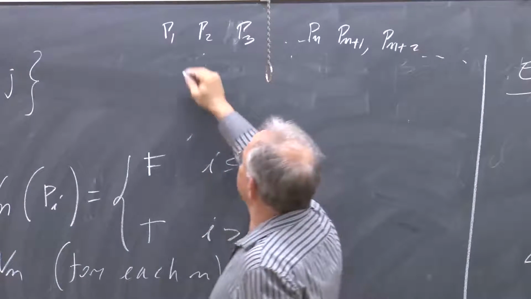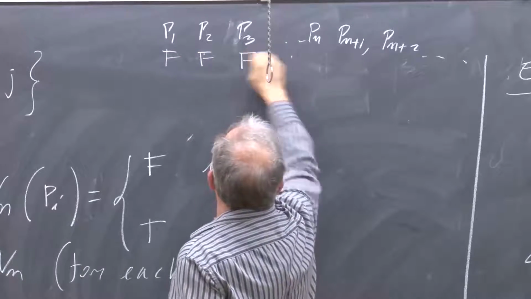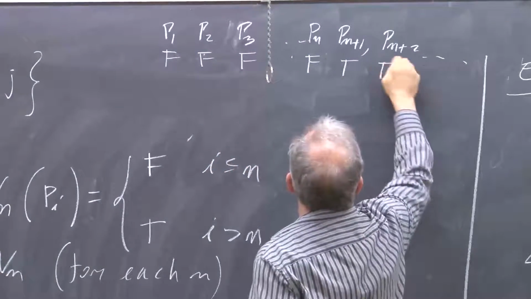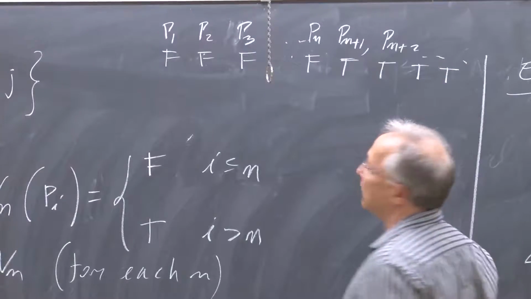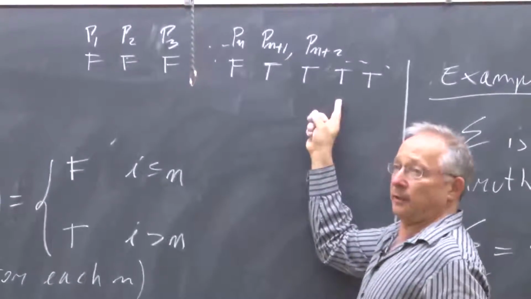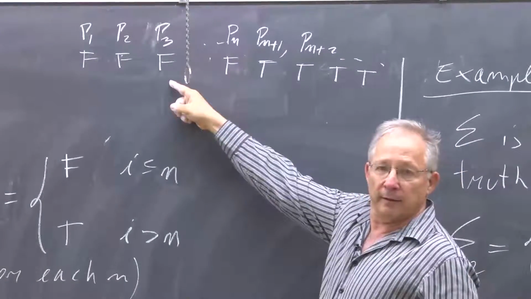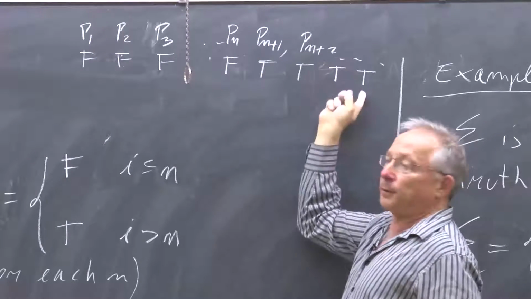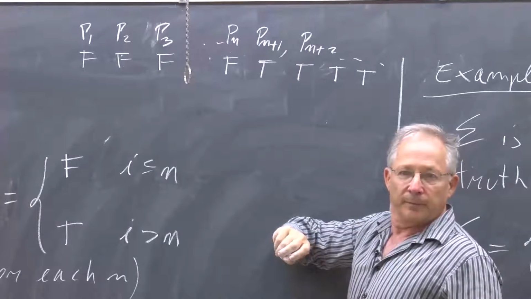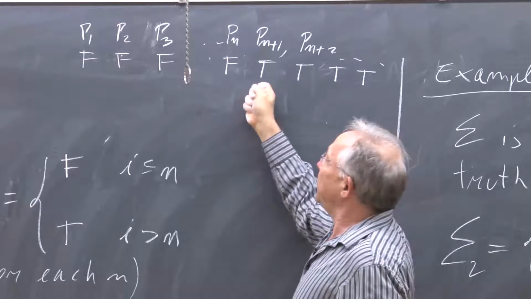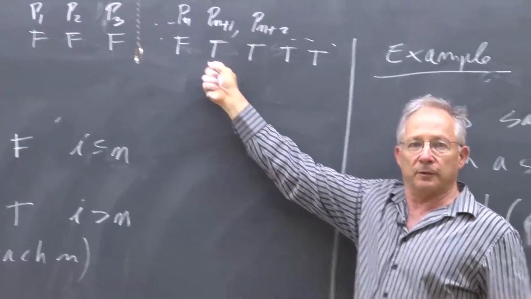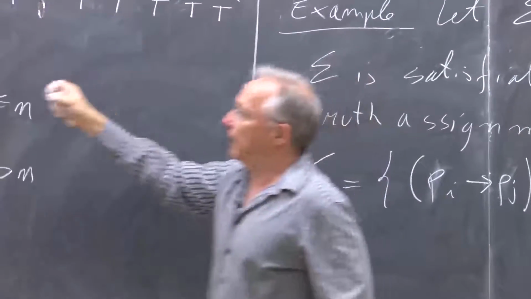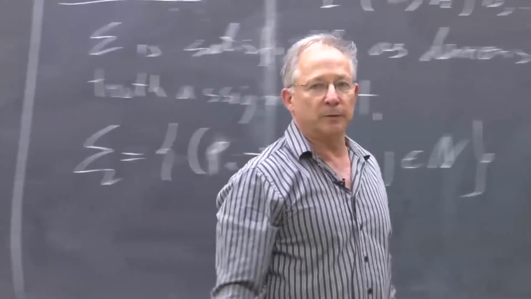Assume I have something like false, false, false, false, and then it becomes true. So what happens if I take a pair, Pi arrow Pj? If Pi comes from the false part, then since the head of the implication is false, the implication will be true. If Pi comes from the true part, then Pj has a higher index, so Pj will also be true. So the implication will again be true.